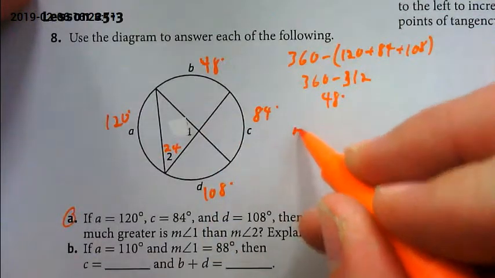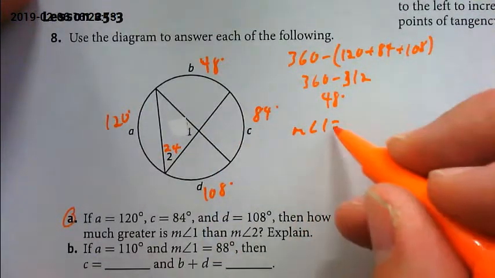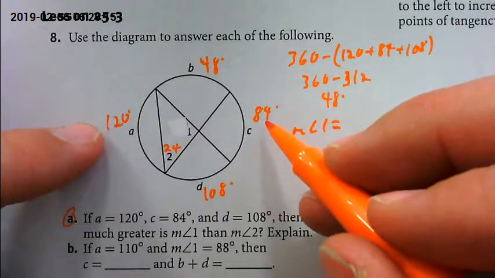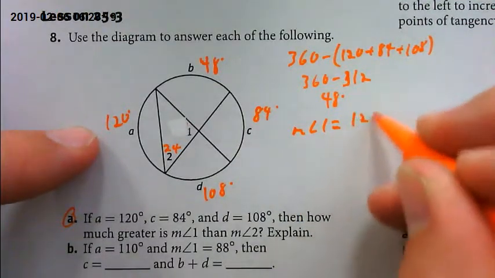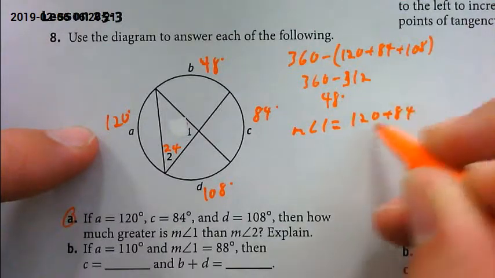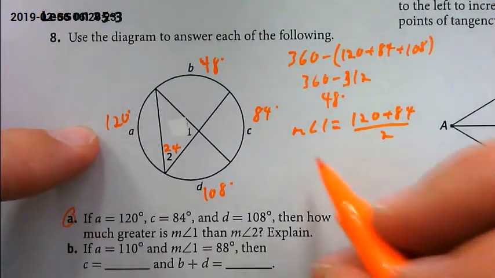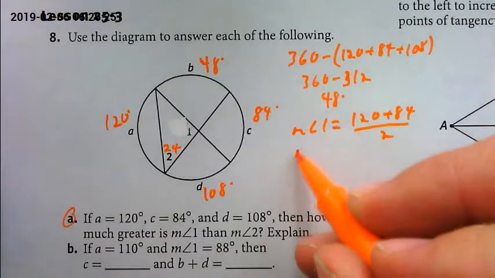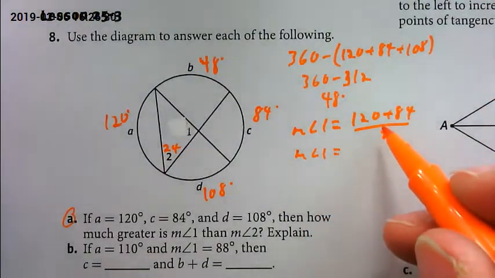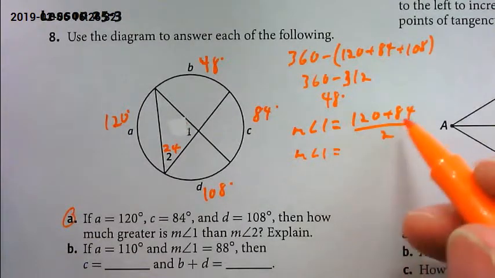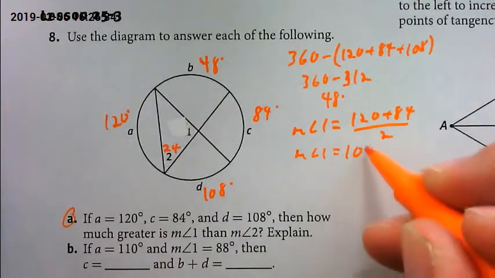Measure of angle 1 can be found by doing these two, add together, and divide by 2. So the sum of the 2 intercepted arcs, divided by 2. So measure of angle 1 is going to give us 204. 204 divided by 2 is 102.